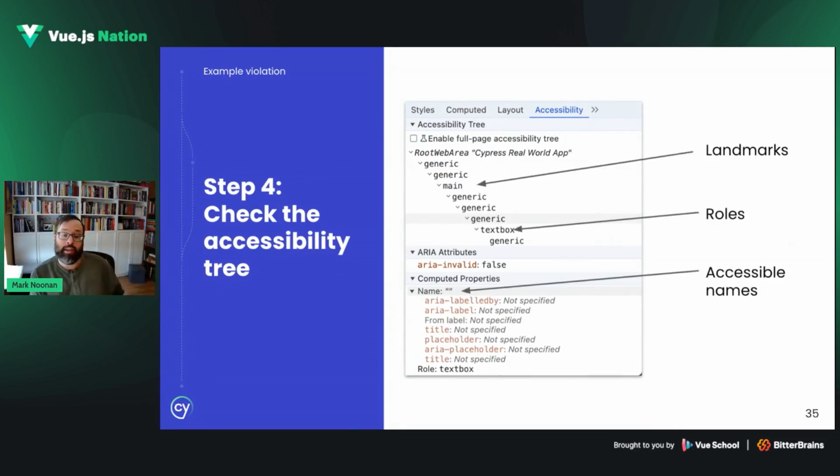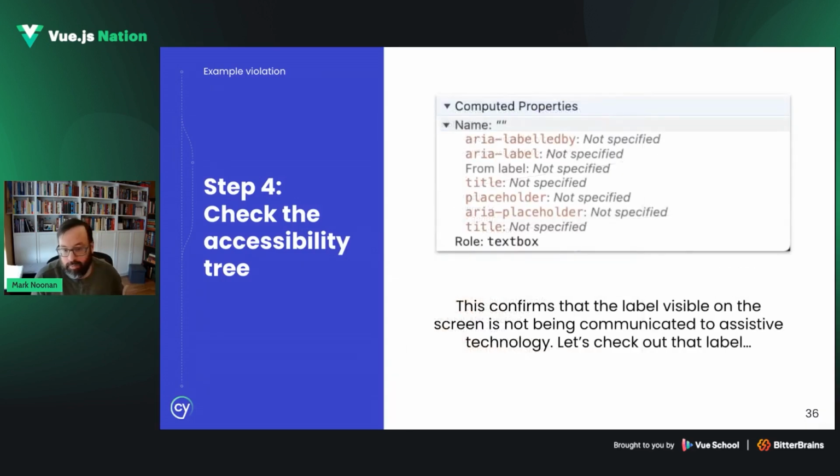But the purpose of getting in here is to understand what's actually making its way through to this part of the browser that users could depend on. And you can see various other aspects of accessibility are called out here. So understanding there's really no name, just like the violation might have said, hey, we're missing a label. Okay, I'm on a text box, it has no name. You can understand you need some way to wire these things up to make it make sense.